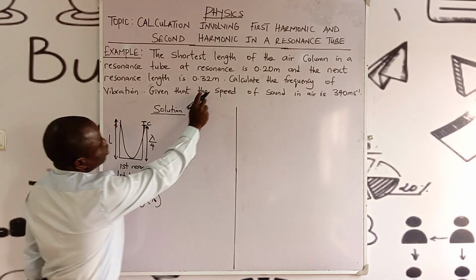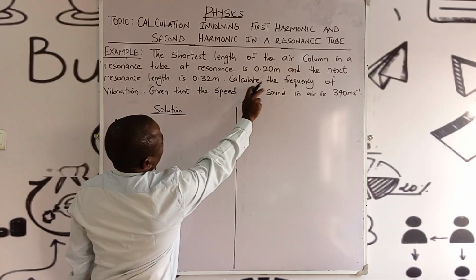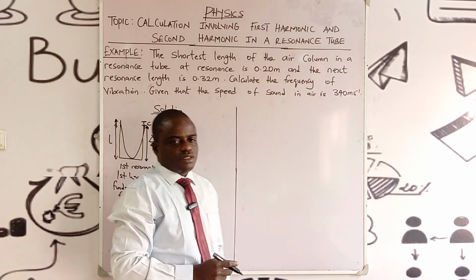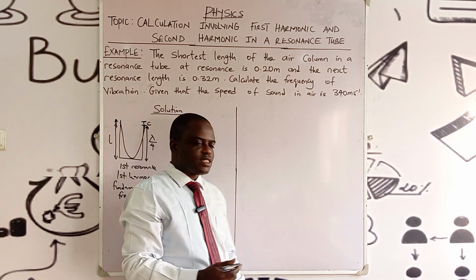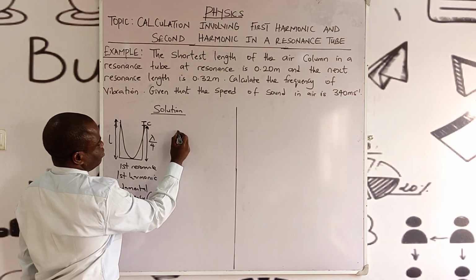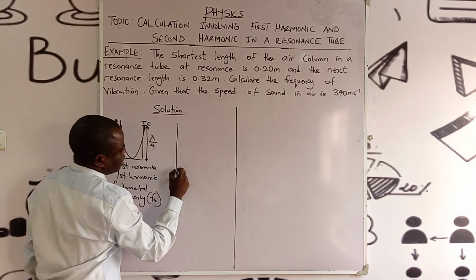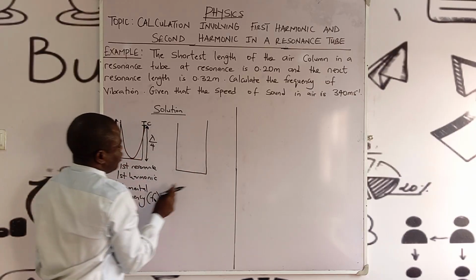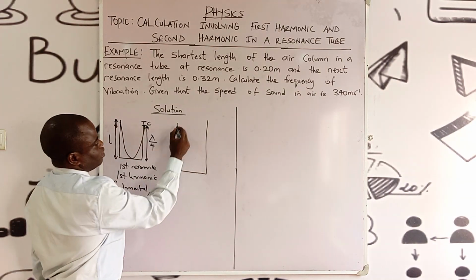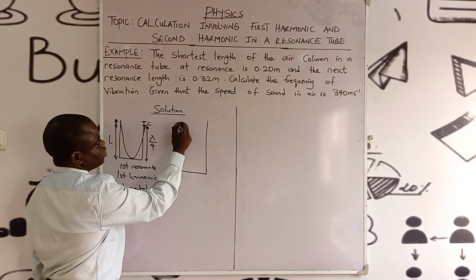And let's see the second, because we are told that the next resonance length is 0.32 meters. The next resonance length is the second harmonic, and in the next resonance length, you have a complete full circle touching the closed end, while the other end is open.